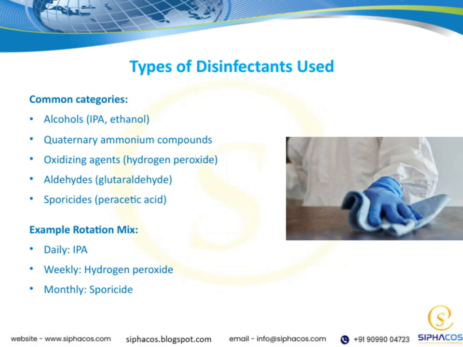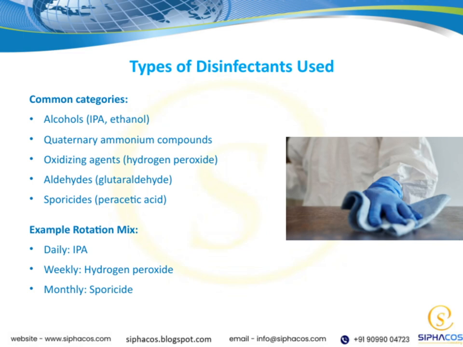Then there are oxidizing agents, such as hydrogen peroxide, which break down microbial components through oxidation. Moving on, aldehydes like glutaraldehyde are powerful disinfectants, especially for equipment that needs high-level sterilization. Finally, we have sporicides, like peracetic acid, which are capable of destroying spores that are typically resistant to other disinfectants.